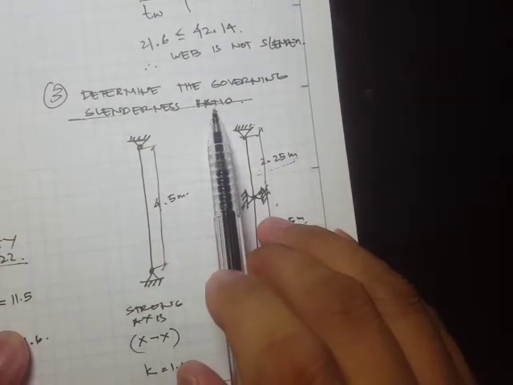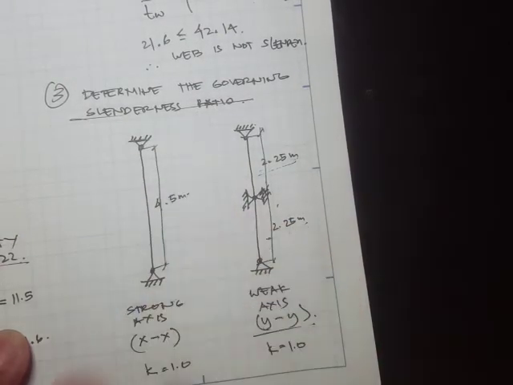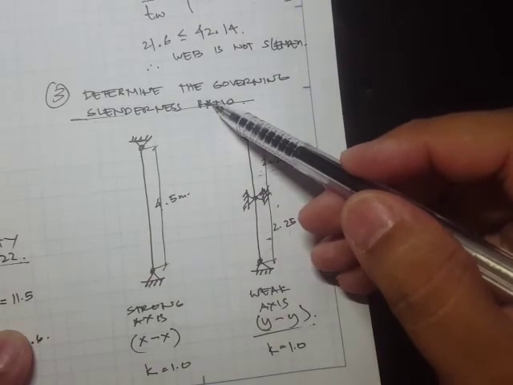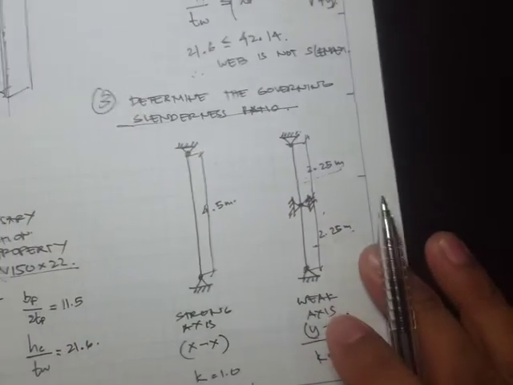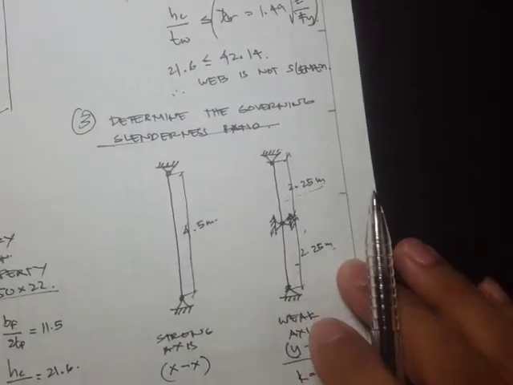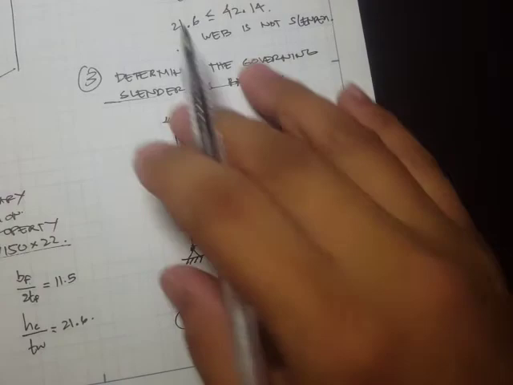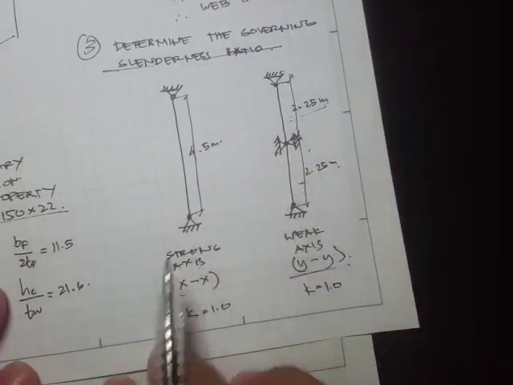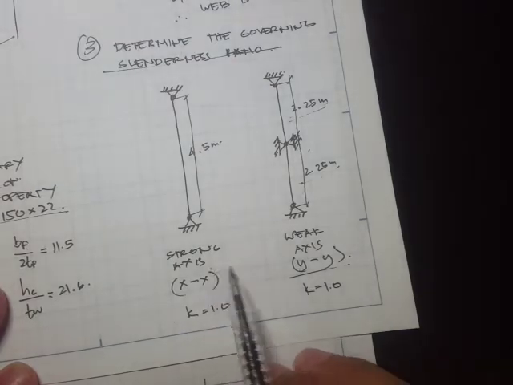Okay, so after that, we then check the slenderness ratio. In order to comprehend the various parameters, we draw the details for both the strong axis and the weak axis.